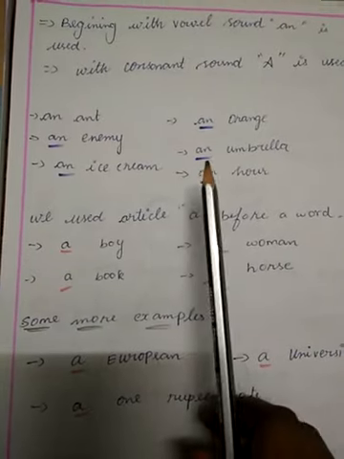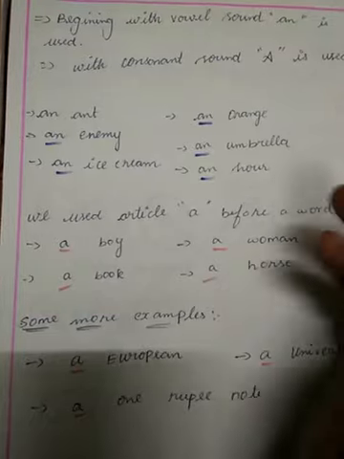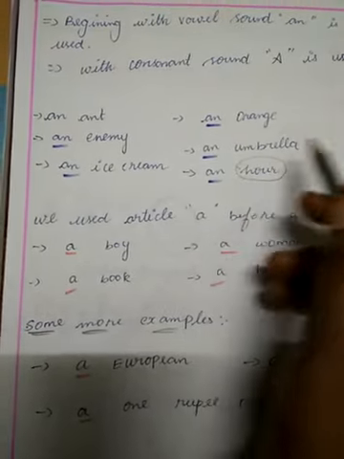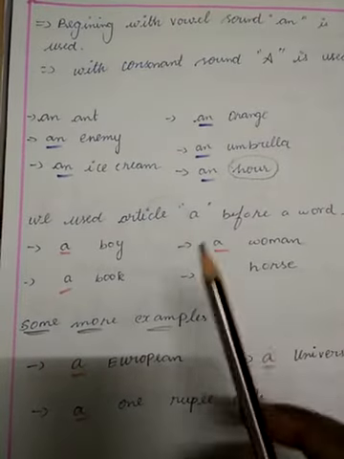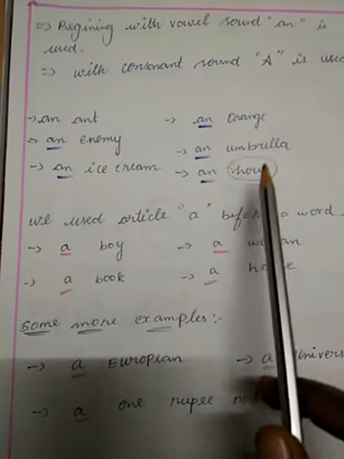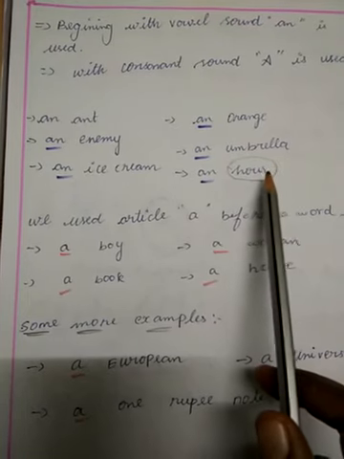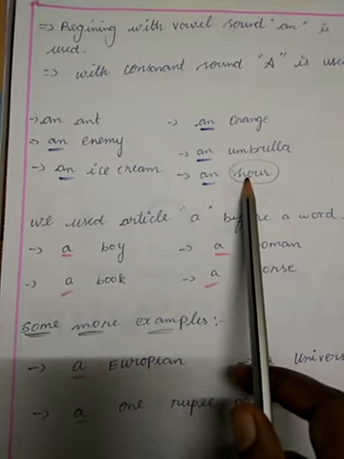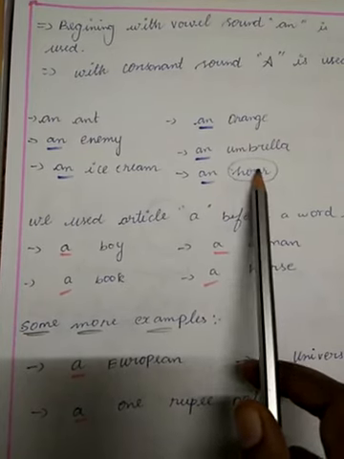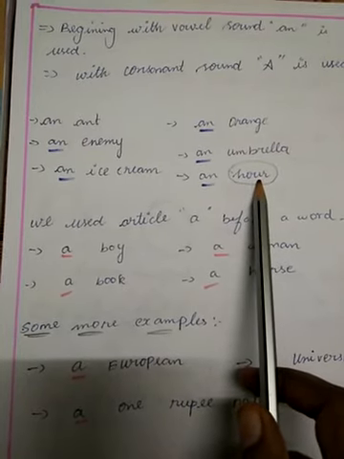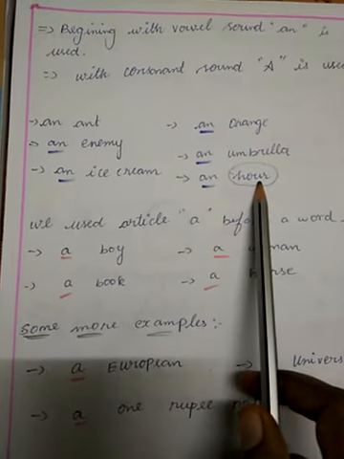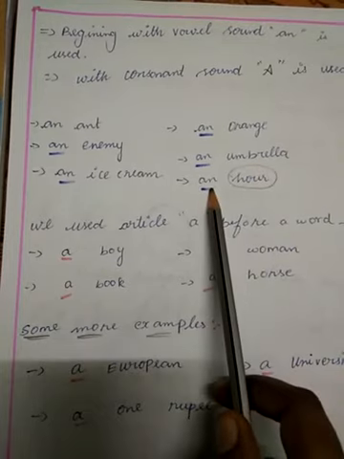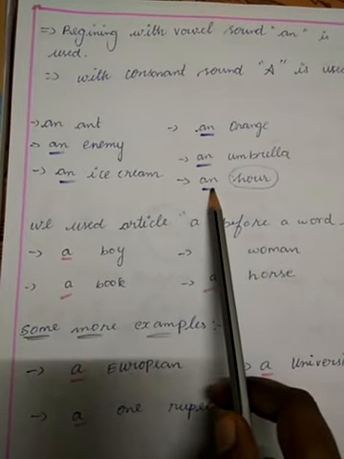So notice the word hour. Here H is silent. Hour starts with a vowel sound. So an is used before the vowel.